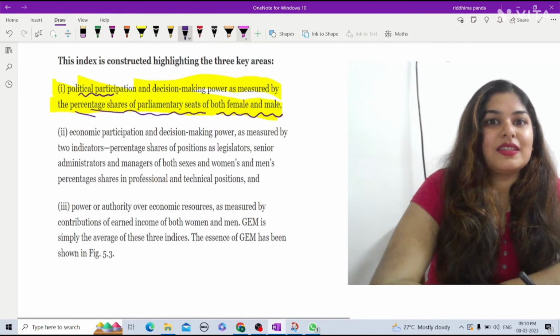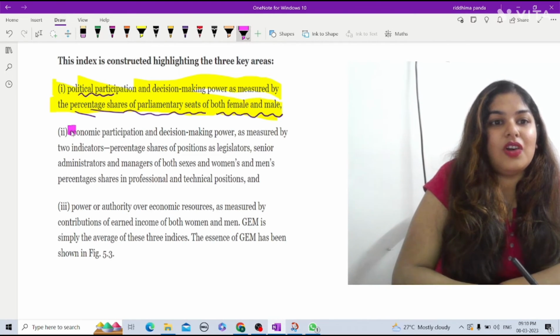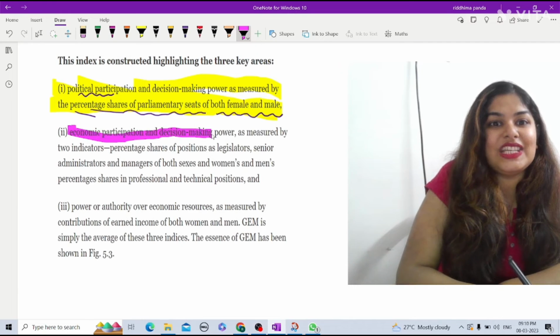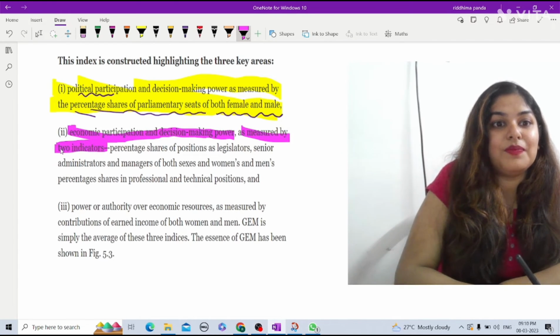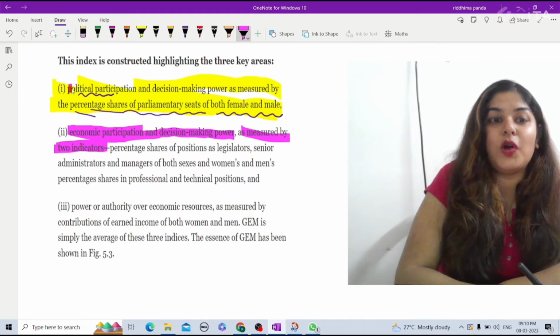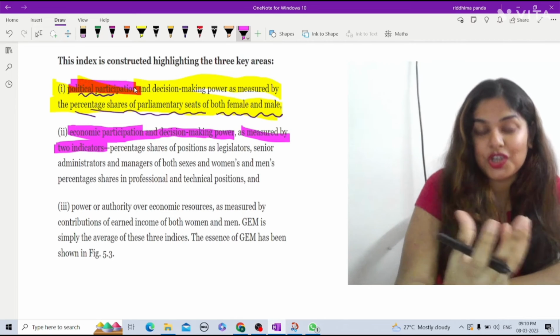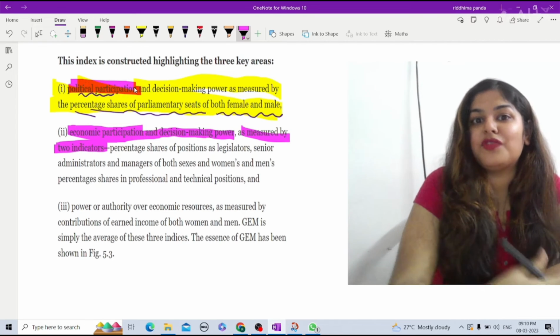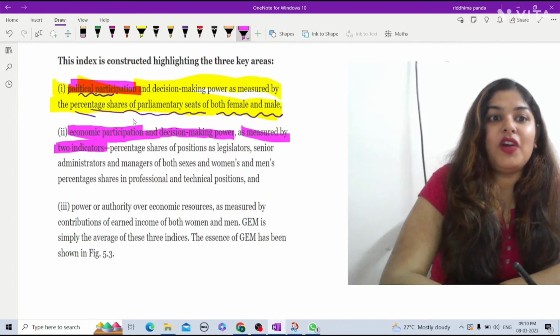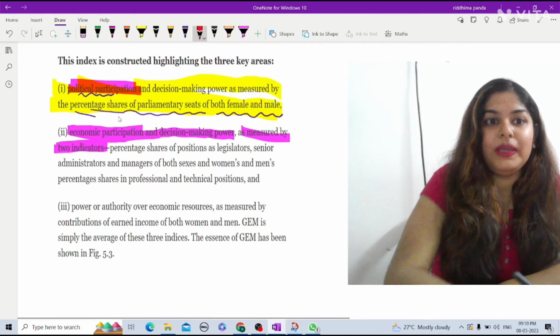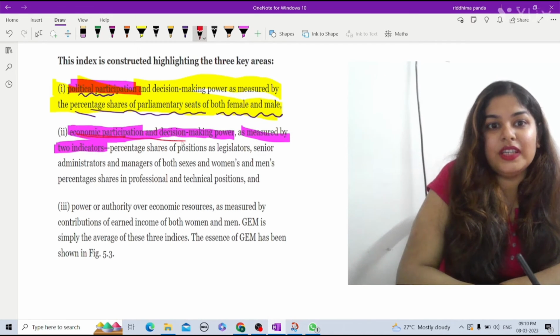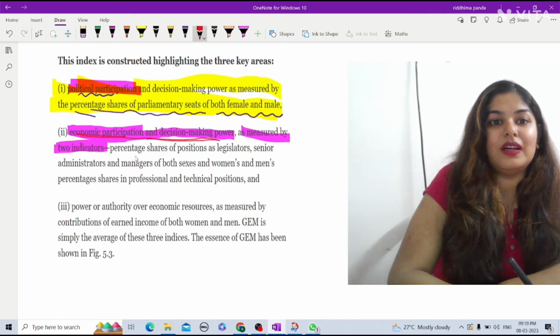Next one is economic participation and decision making power, as measured by two indicators. The first one was regarding political participation, done by the percentage share of parliamentary seats for both male and female. And for economic participation and decision making power in the society, what are the parameters here?